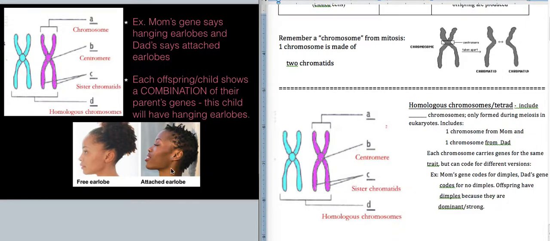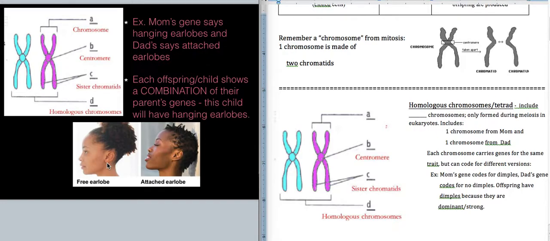If you notice, her earlobe goes straight down into her face. So the earlobe right here is very, very narrow. The other type of earlobe you can have is called free. Notice this woman's earlobe kind of dips down and then comes right back up again. So she's got a fatter lobe of her ear.